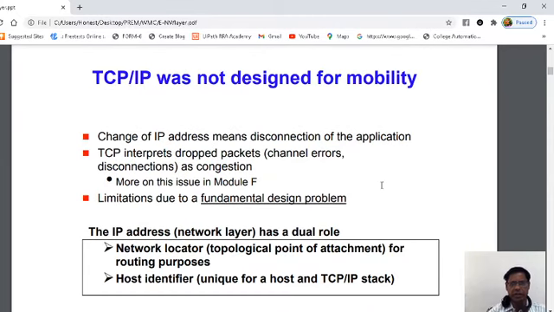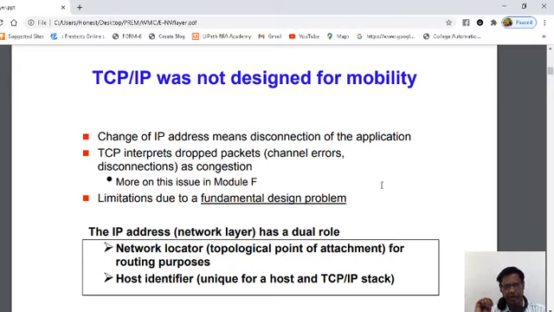TCP/IP was not designed for mobility. TCP, the Transmission Control Protocol, uses addresses, so a change of internet protocol address means disconnection of the application.